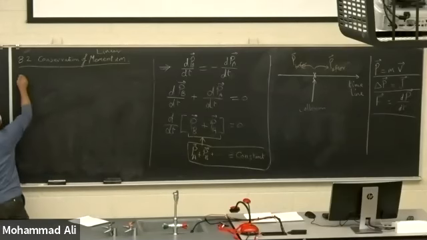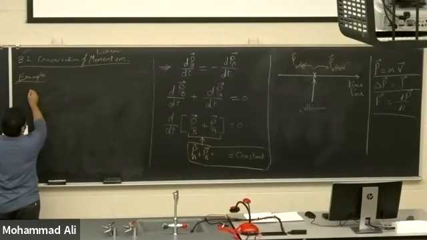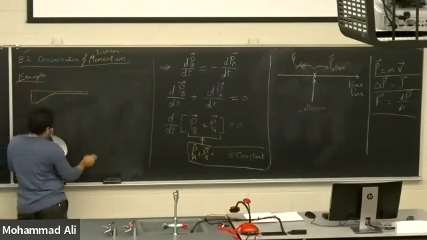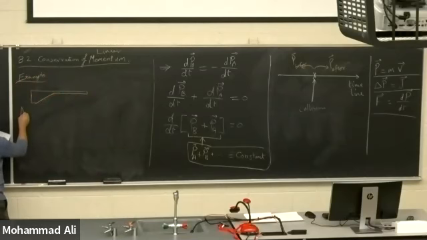Now we have an example. We have a rifle with a bullet inside it. The mass of the rifle is equal to 3 kilograms, and its velocity before shooting is equal to 0.